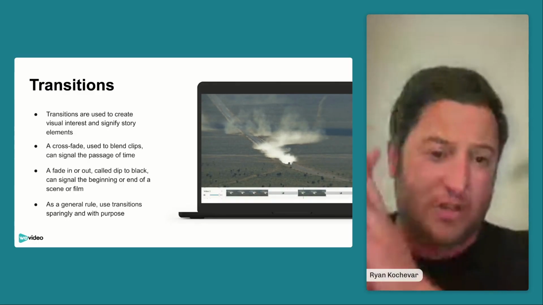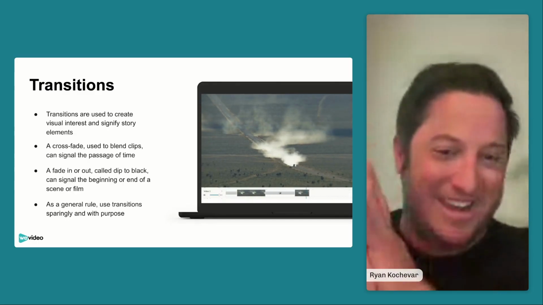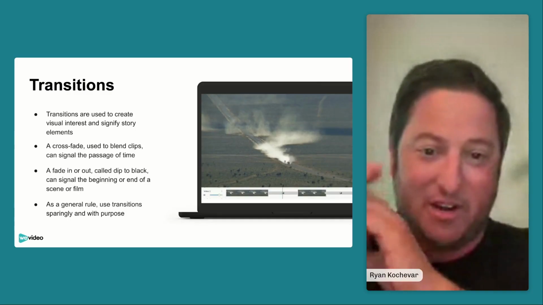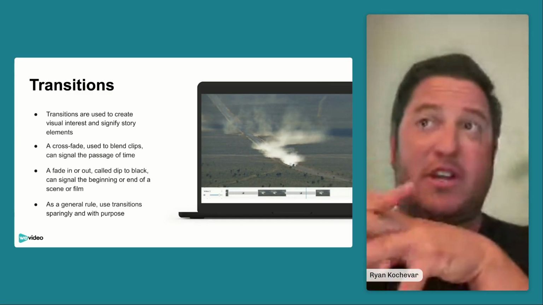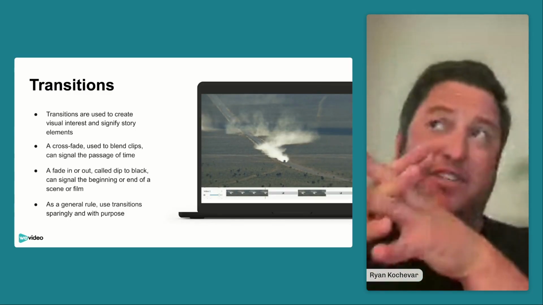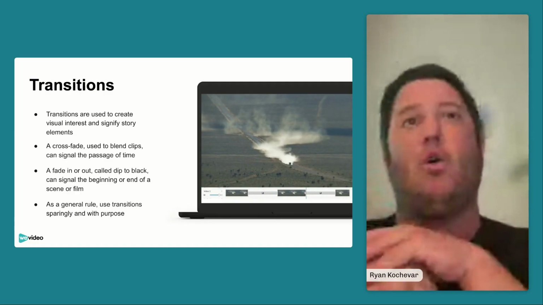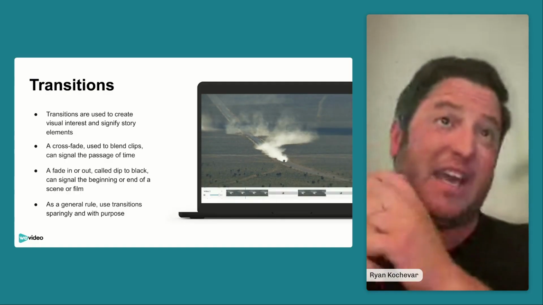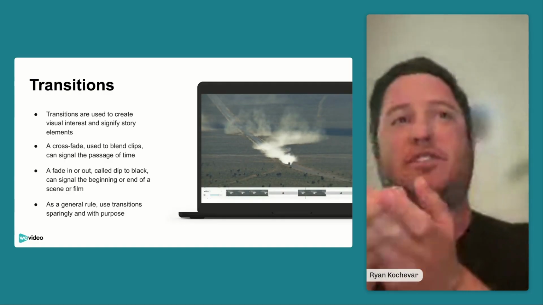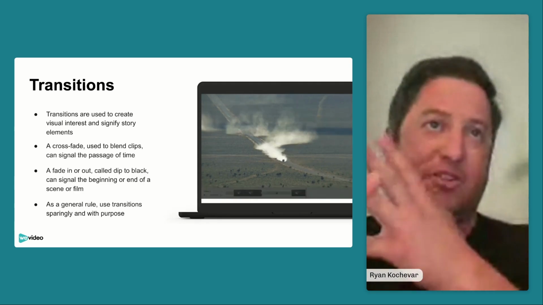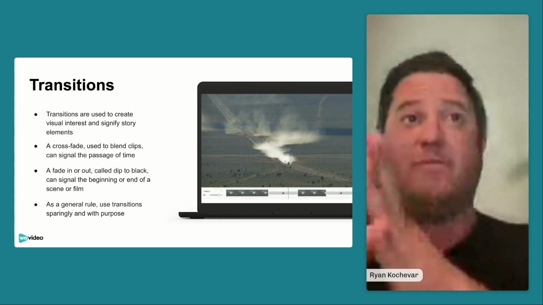So I wanted to start with transitions, a very simple editing technique. And Hans mentioned this earlier about the use of transitions as you're stitching shots or scenes together, using transitions to create visual interest and signify story elements.